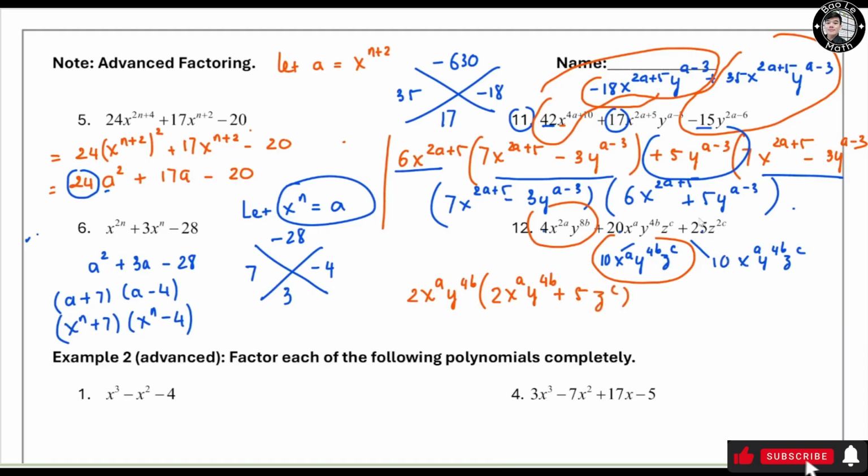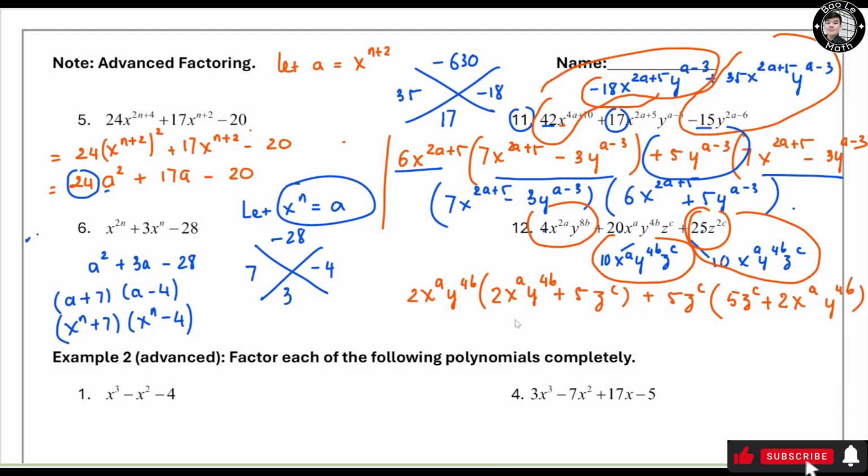Similarly, I'm going to group these two terms. I'm going to factor 5z raised to the c out. So I have 5z raised to the c left for this one, plus this one has 2s raised to the a, y raised to the 4b left.